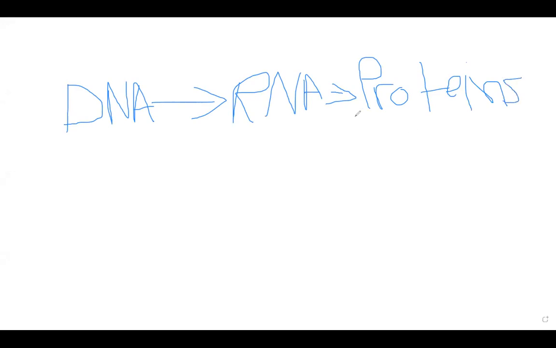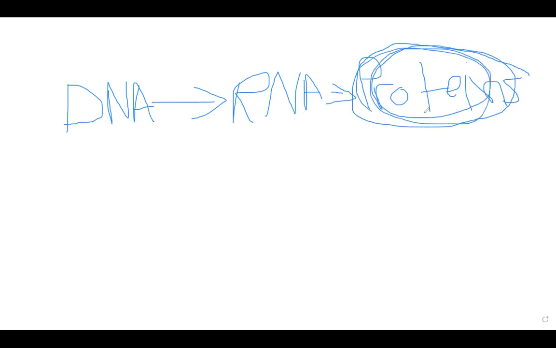Proteins, okay? So looking at what happens, we turn on specific DNA, which triggers the making of specific RNA, which ends up making the protein. And as we said before, if something's happening in the body, chances are a protein's doing it, right?